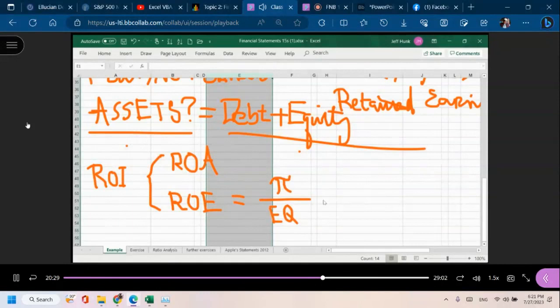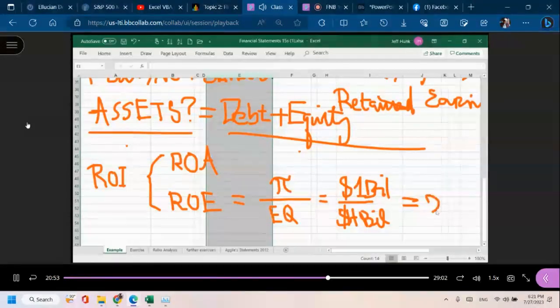For example, this company's equity is 4 billion, and suppose this company's profit was 1 billion. If this is the case, what is the return on equity? It's 25%, 1/4. This is pretty good, compared to average return on equity.